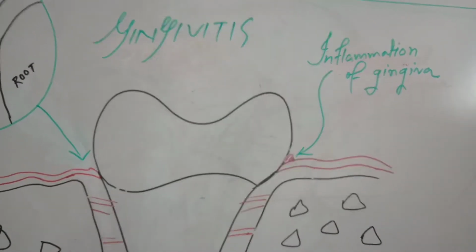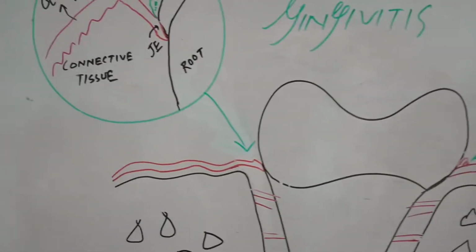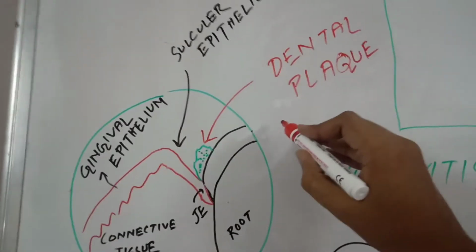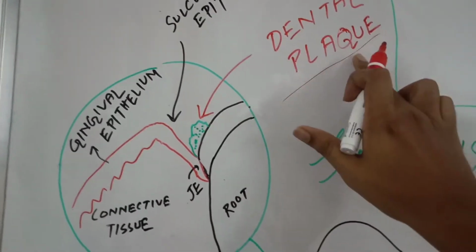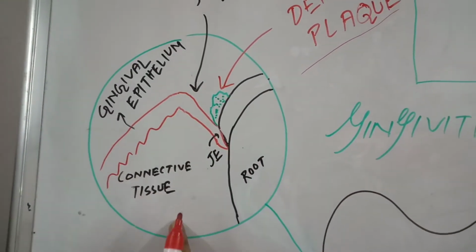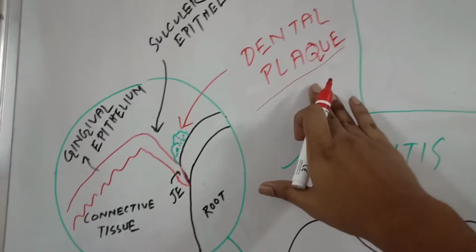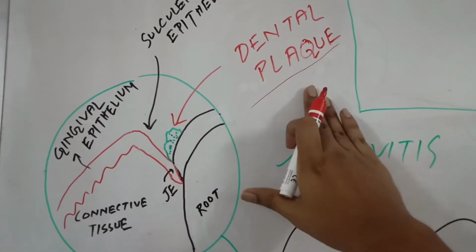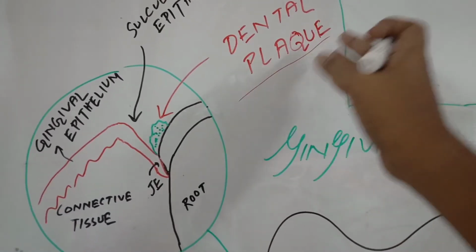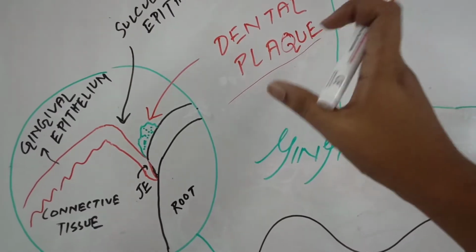What is the primary cause of gingival inflammation or gingivitis? The primary cause of gingivitis is nothing but dental plaque. You can see here, this is the root, this is the crown, this is the gingival epithelium, and connective tissue. Plaque accumulates here. What is the composition of plaque? Plaque is composed mainly of bacteria, then salivary protein, glycoprotein, and exfoliated cells.